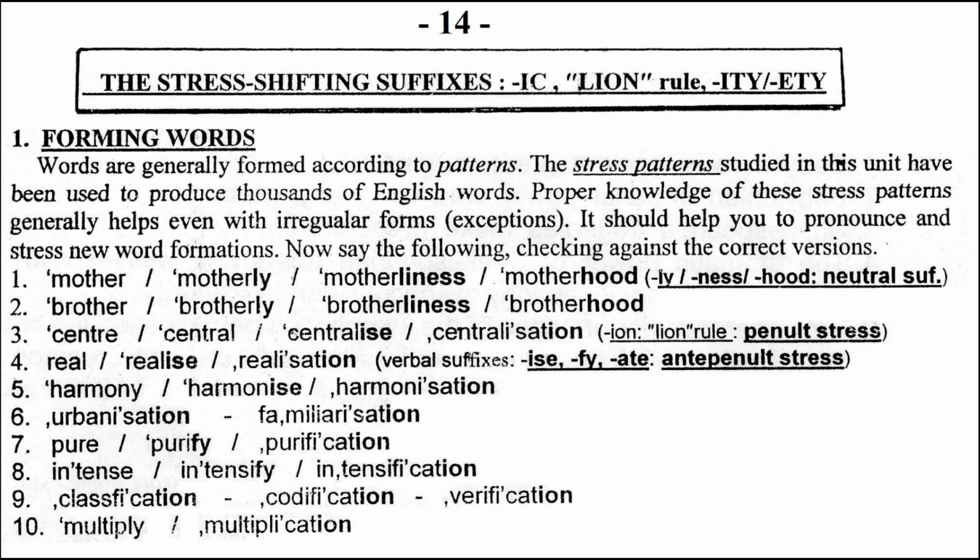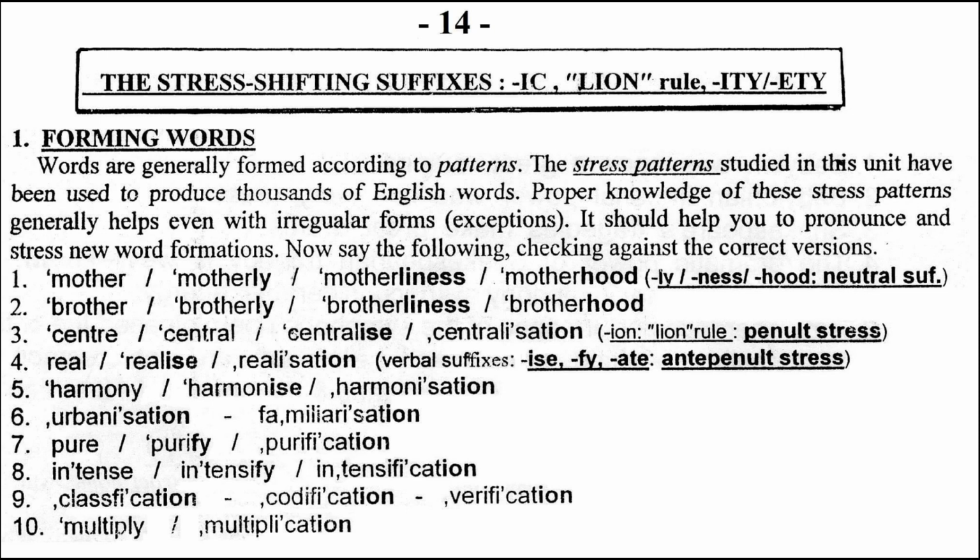Great. Number 7, the root pure. And we have added the verbal suffix phi, so it becomes purify. The reason behind the stress placement on the antepenult, which is pure, is that we have the verbal suffix phi. Purify, on the antepenult. The next word is purification.